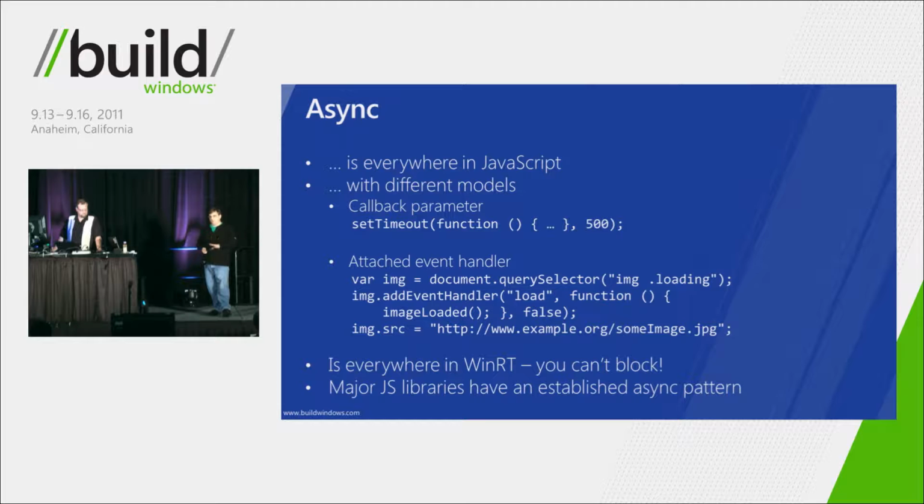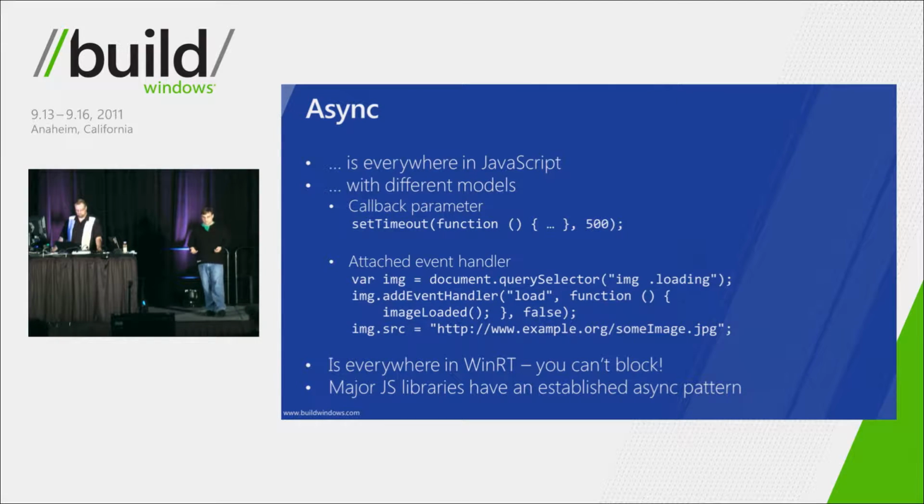In the JavaScript API, there are two primary patterns used to tell the system, I have asynchronous work I want to do later. Set timeout is the canonical example of the first style, where you pass a callback function as a parameter. So you call set timeout, you pass the callback, and then after 500 milliseconds, that callback will be invoked.